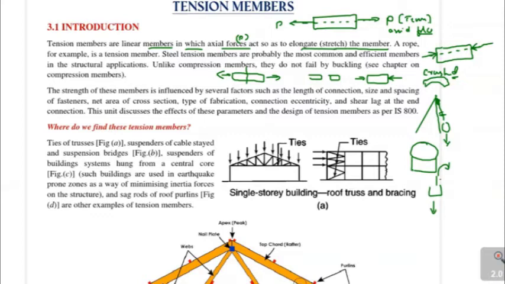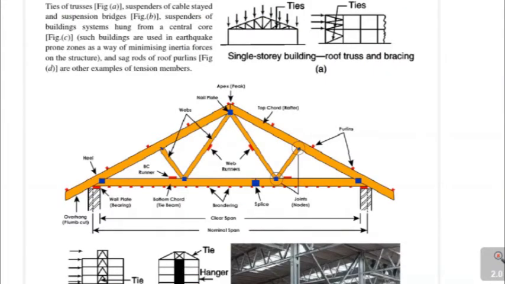Let me give you some examples of tension members that we see. This is a single story building and it has a roof truss, something like an industrial building. These are called tie members. Of course, this is the bigger picture, I hope you can see.